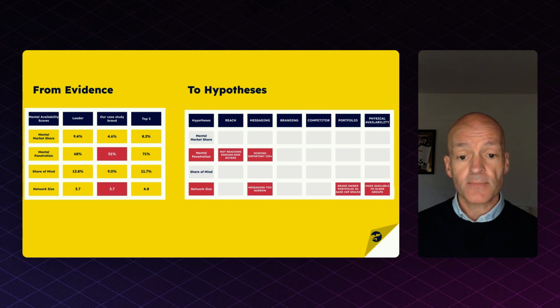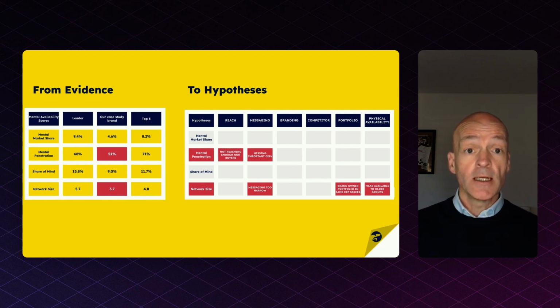Now, for this particular brand, we identified a hypothesis that said we're not reaching enough non-buyers and we're missing important CEPs. And for network size, we identified that the messaging might be too narrow. And actually, we're part of a portfolio where certain other brands in that organization are sitting in the same spaces.